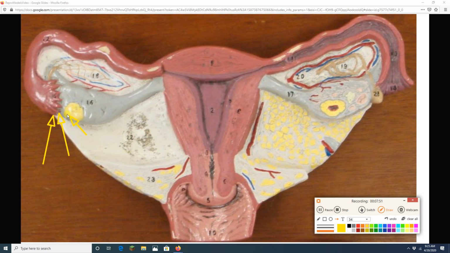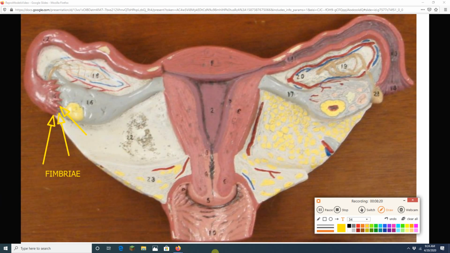These finger-like structures are called fimbriae. One is a fimbria, many are fimbriae, and they are ciliated, and their cilia are going to sweep around the time of ovulation to help get the ovulated oocyte to go from the ovary and into the fallopian tube.